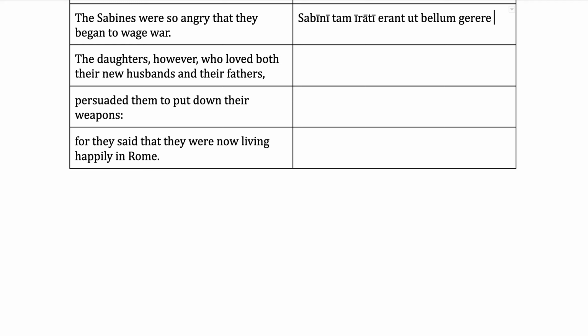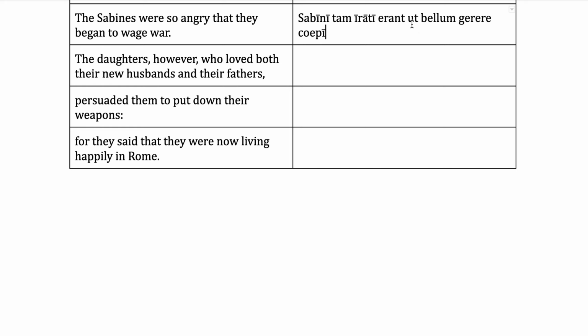Then they began. Okay, so the verb to begin is coepi, and it's a weird verb because it doesn't really have a present tense. It just exists in the perfect and pluperfect tenses. So coepi, and here what we want is a perfect subjunctive, right?